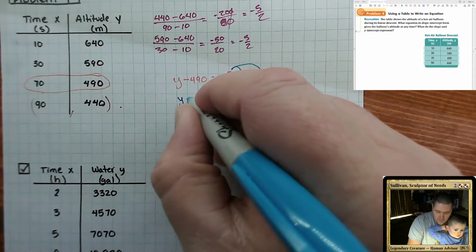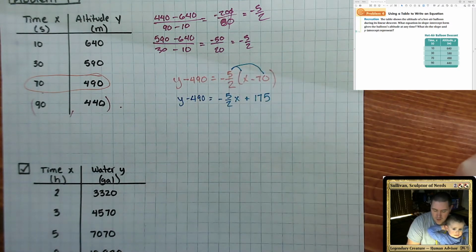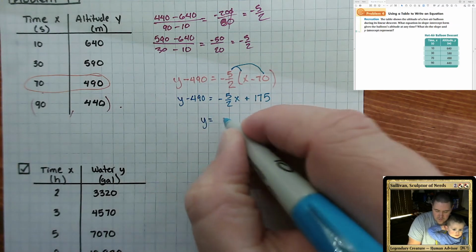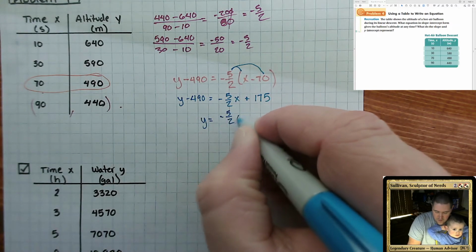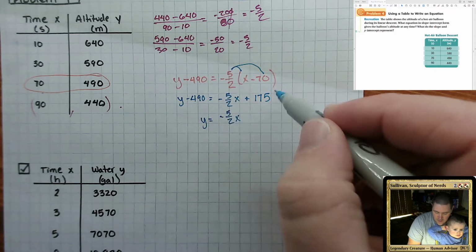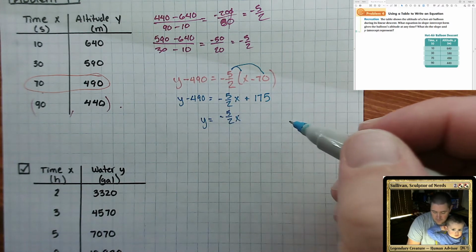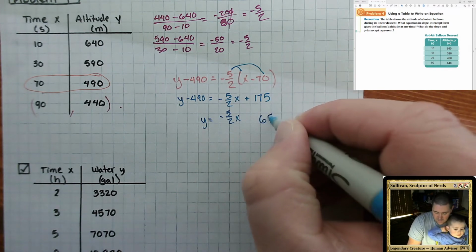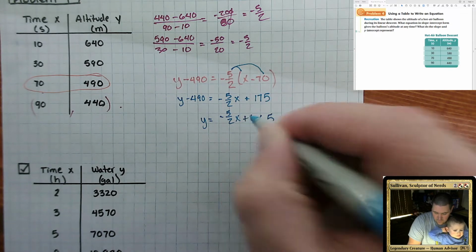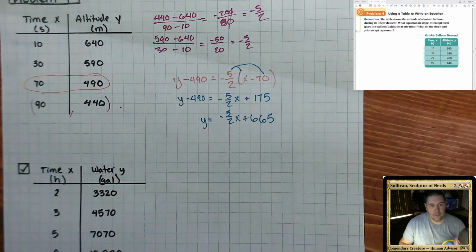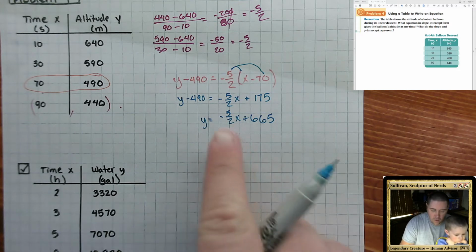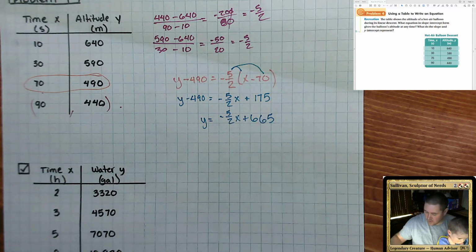And y minus 490. Add 490 to the other side. Y is negative 5/2 x, add 490. And it asks me not only what are the slope and the y-intercept, but what do they represent?